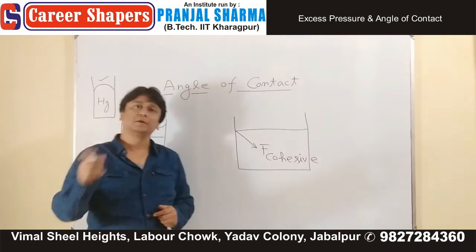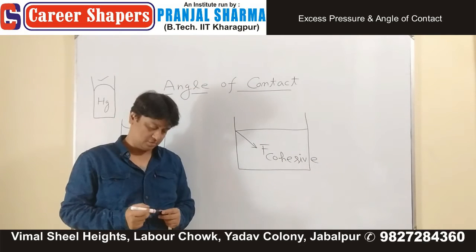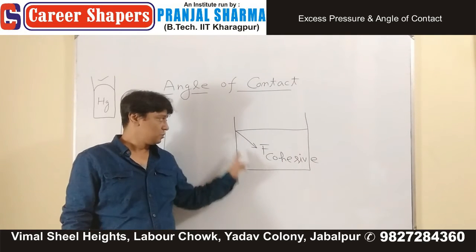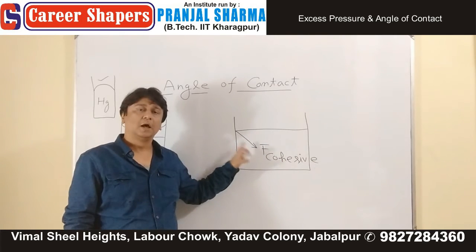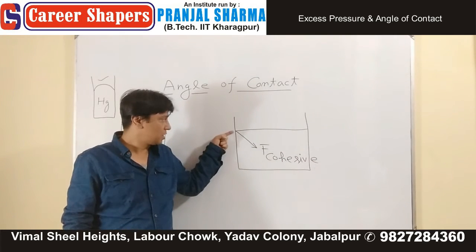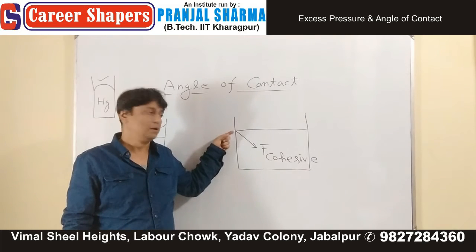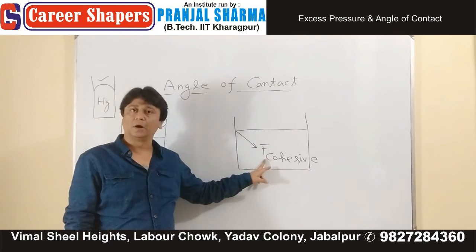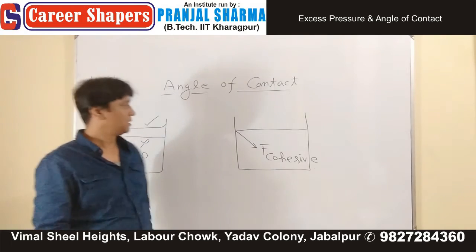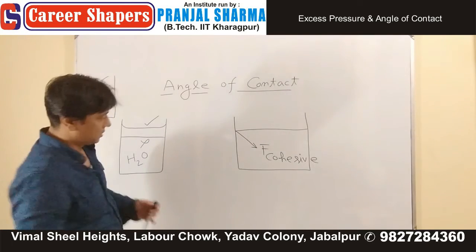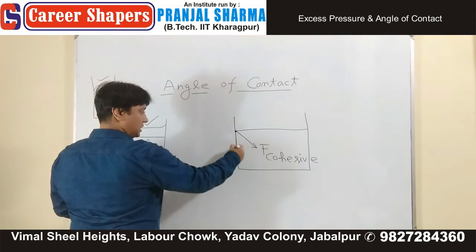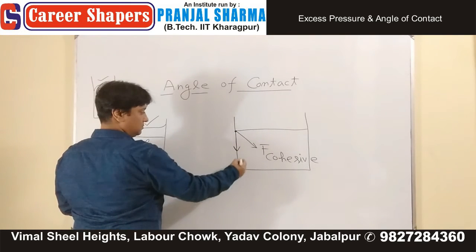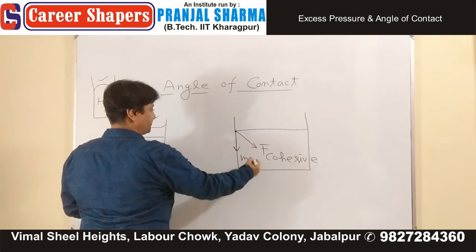Force between same type of material. All the water molecules are attracting this water molecule at the corner with a force which will be called F cohesive. Gravity is pulling this downwards. That's your mg.